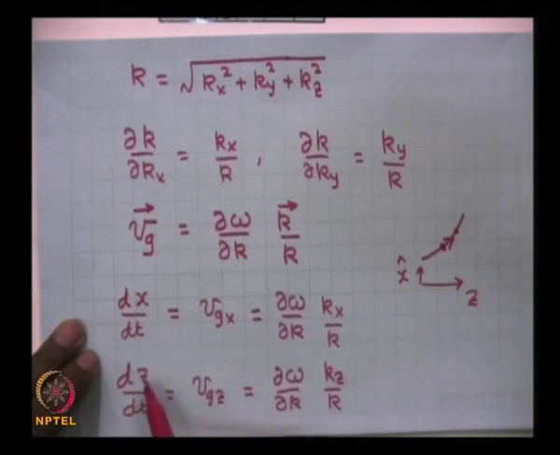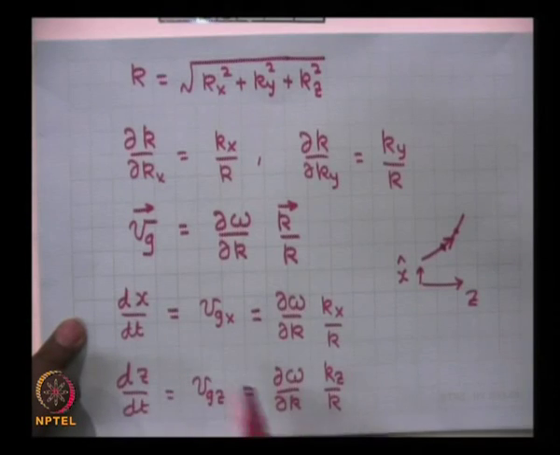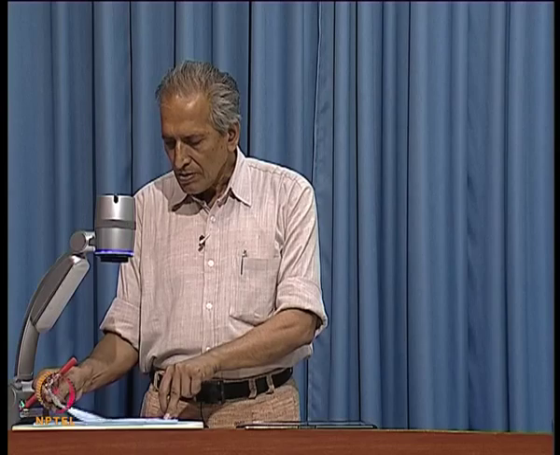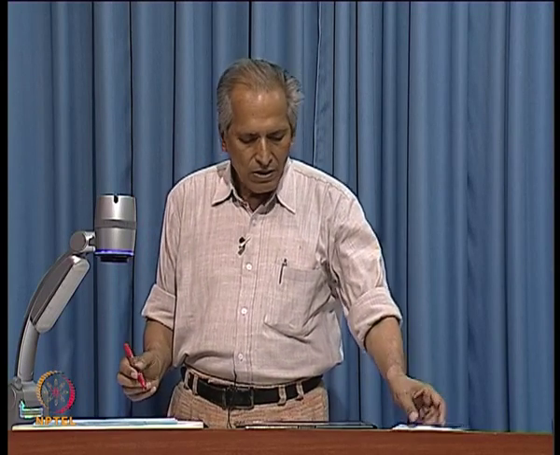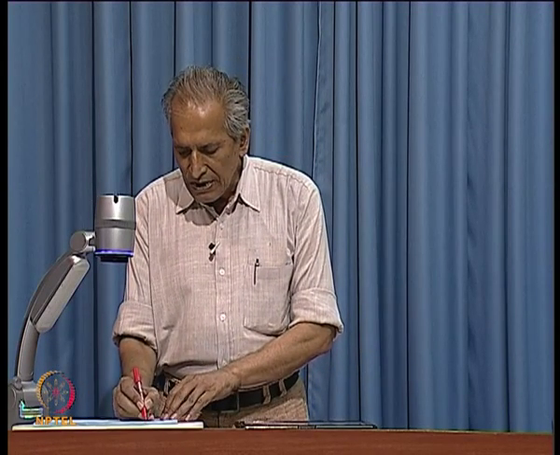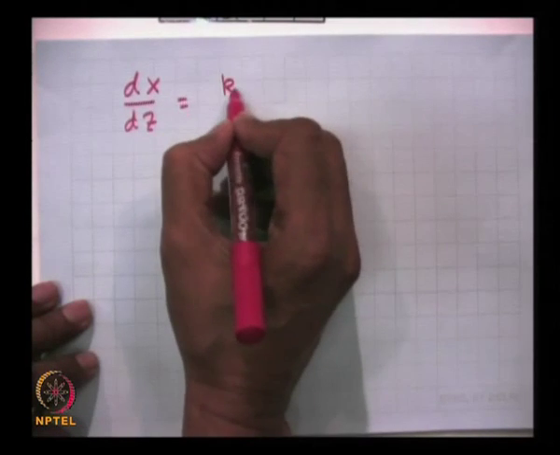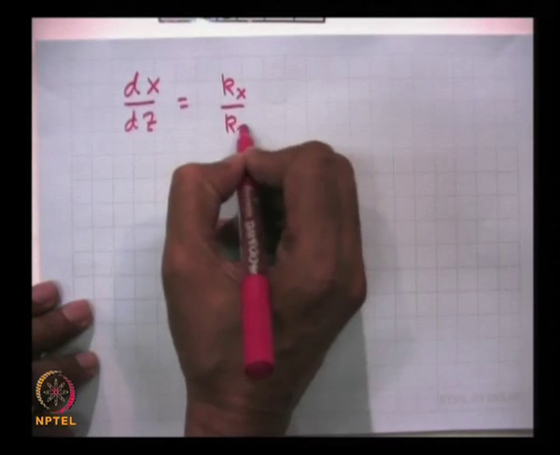If you divide these two equations, you can write down dx by dz, and the result would be dx upon dz is equal to kx upon kz.